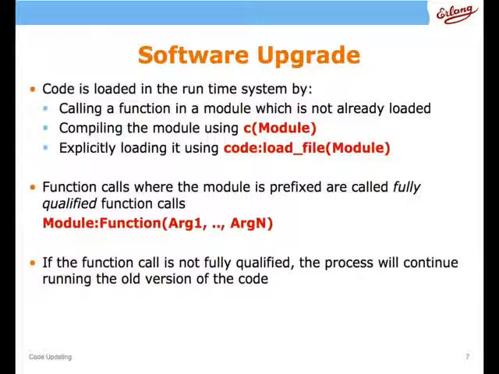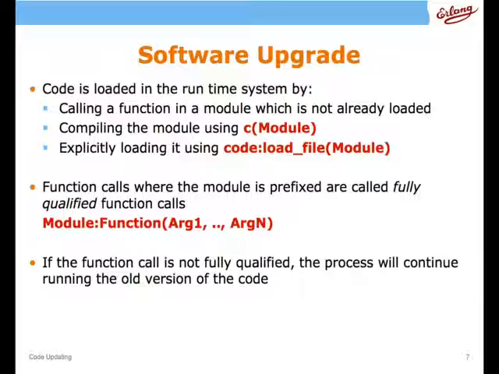So it's important to know how code is loaded into the runtime system. If you call a function from a module which is not already loaded, that will load the code for the module into the system. If you compile the module using c(module) in the shell, that will load it.